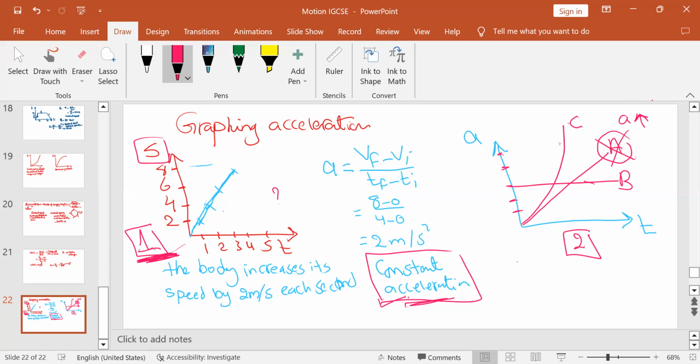Which one? Is it B? Yes, excellent. It's B. B represents a body moving with constant acceleration, because on the graph the acceleration is constant, not changing, neither increasing nor decreasing. Okay, Hannah? Yeah.